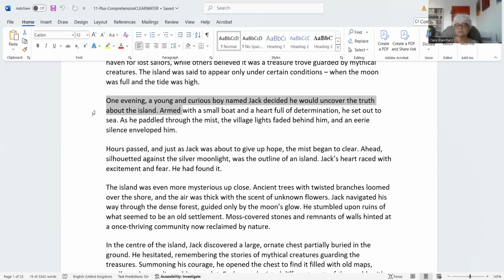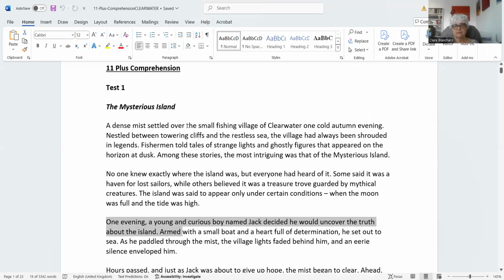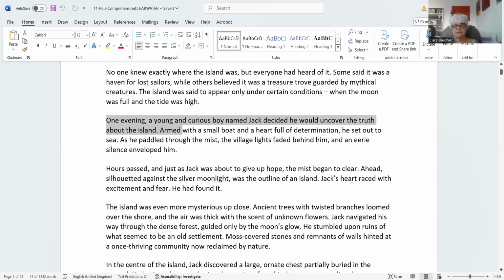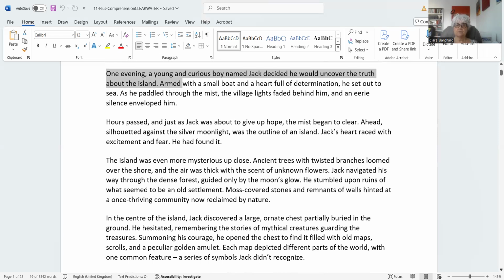He's setting the passage at night in moonlight, so that creates an atmosphere of mystery. And he's also using the mist that he started using right at the top of the passage, in fact, in the very first sentence. But the mist is very important to this passage because it's creating an atmosphere.